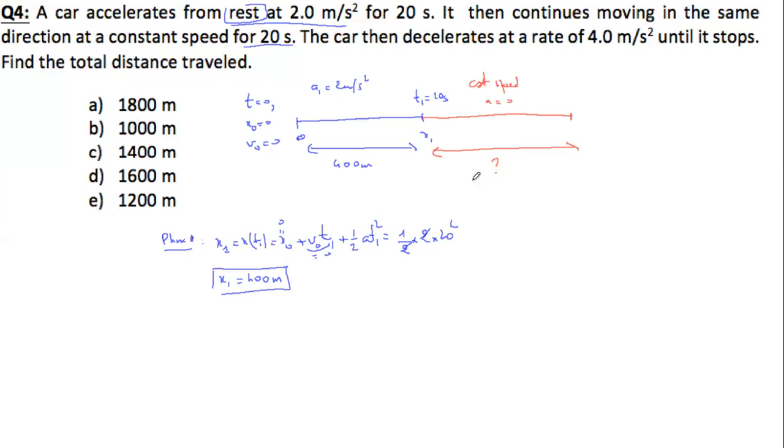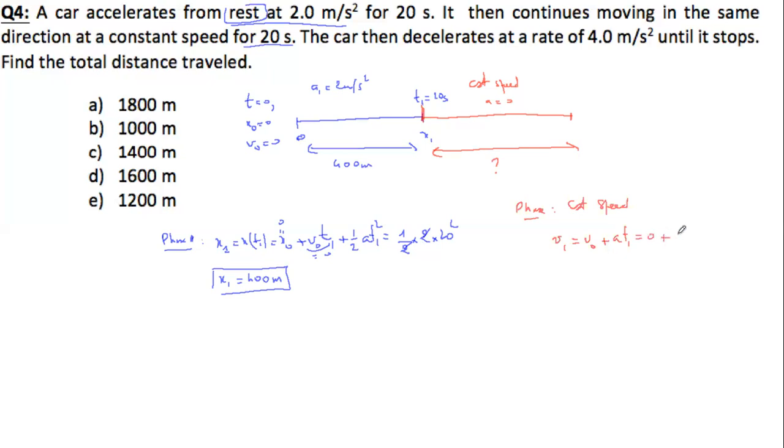Okay, so first I have to get what's the constant speed. So I'm in phase 2 now. So constant speed. So that speed, I'll call it V1. What will be the speed? The speed will be the speed at 20 seconds. So I will use this constant acceleration equation as well. It's V0 plus A t1.